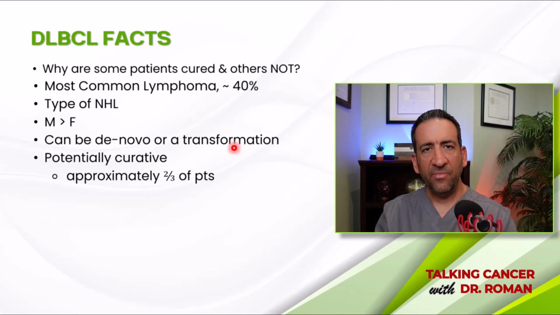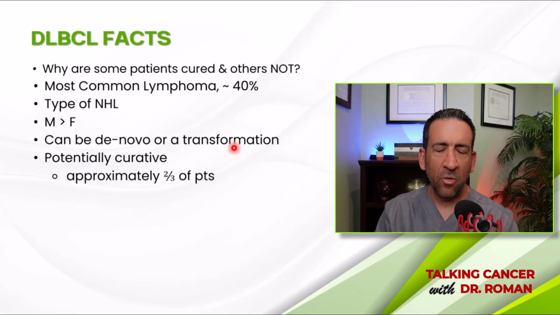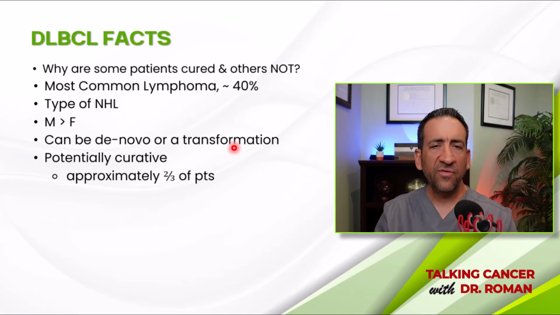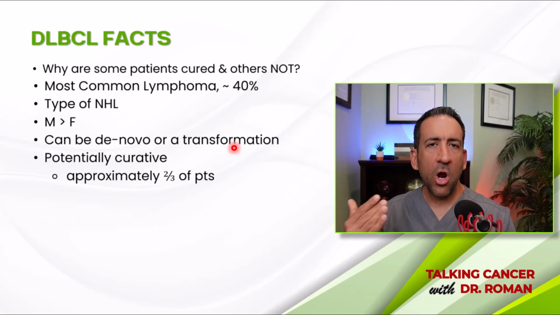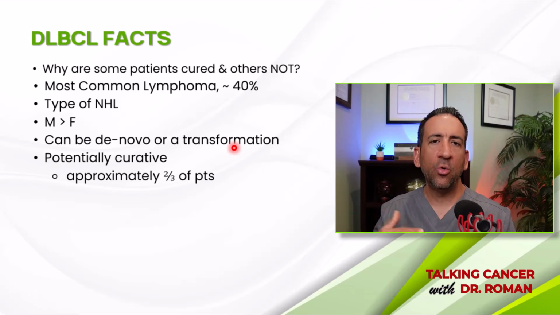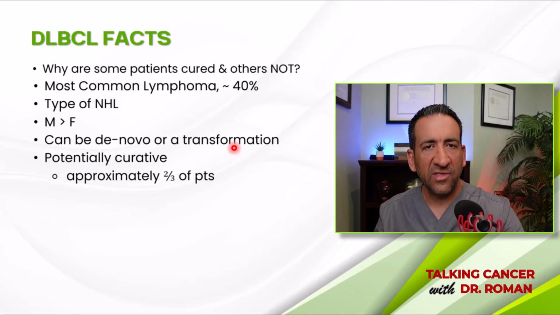Now, sometimes you can have a pre-existing low-grade lymphoma, meaning a lymphoma that grows very slowly, and in due time, it has transformed into a large cell lymphoma or an aggressive lymphoma. The most common finding, or the one I usually see, is, for example, a low-grade follicular lymphoma, which has transformed into an aggressive lymphoma.